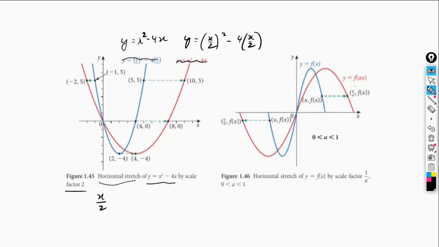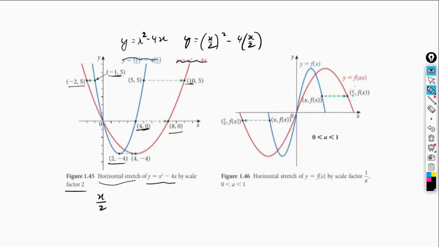Now, notice that the y coordinates stay the same. So 5, 5 becomes 10, 5. And notice that only the x value changes again. Negative 1, 5 becomes negative 2, 5. 4, 0 becomes 8, 0.